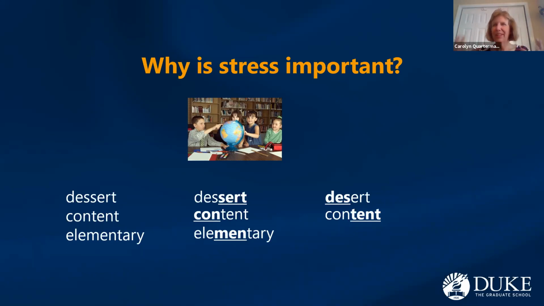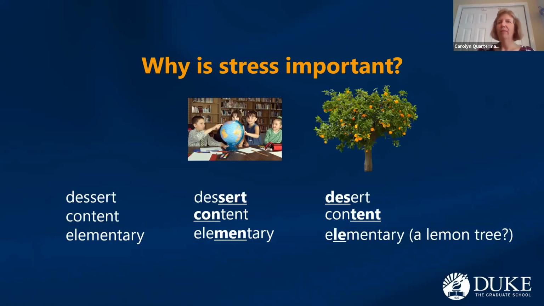So we will start to think of something else likely. For example, if you say elementary, we will likely think you're saying a lemon tree, right? So it's very important to stress words with the pattern that we expect. We will recognize them much more easily.